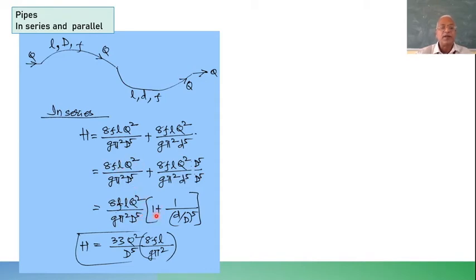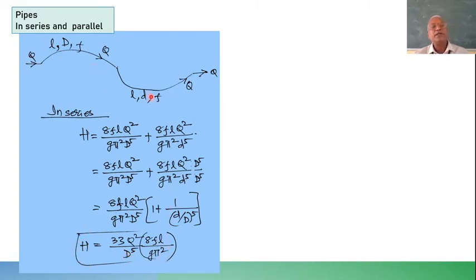So this will be 1 here, plus in the denominator I'll be left with the lowercase letter d raised to 5, and this is also remaining, but I'll take it down so that it becomes D by d raised to 5. Now this is nothing but capital D by d raised to 5. Capital D by d is 2. 2 raised to 5 is 32. 32 plus 1 is 33. So this becomes 33 times 8 f L Q squared divided by g pi squared D raised to 5. This is what is capital H.